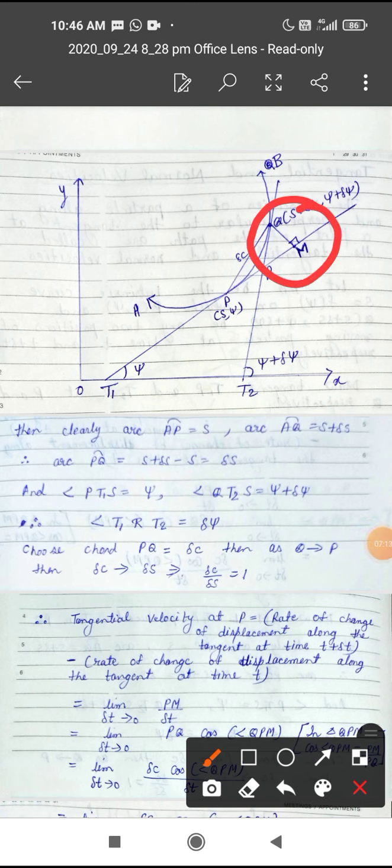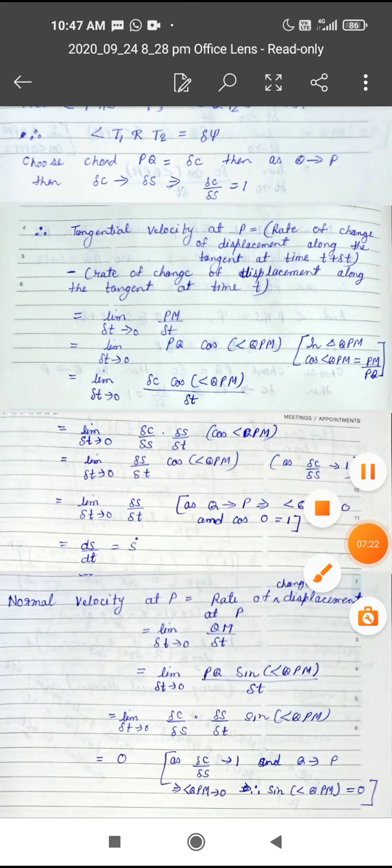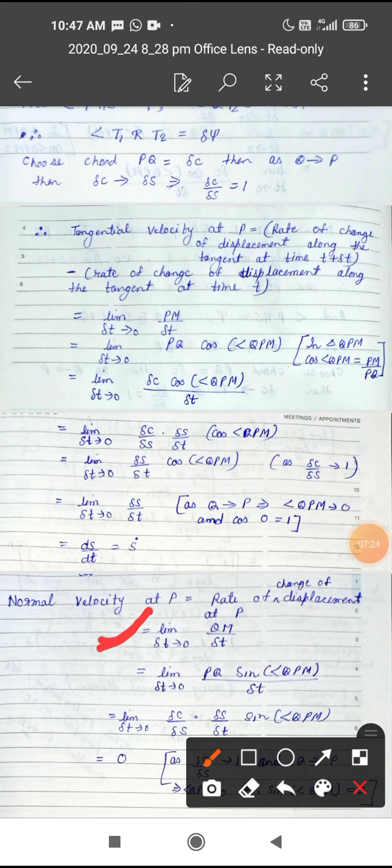Perpendicular to the tangent, the change is equal to QM. So this is equal to limit delta t tends to 0, QM by delta t.